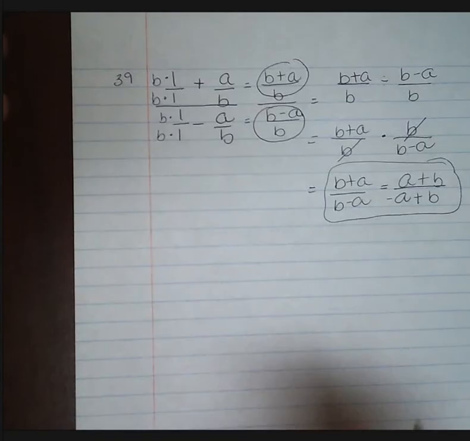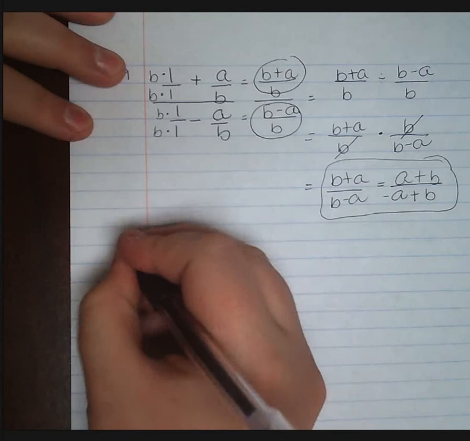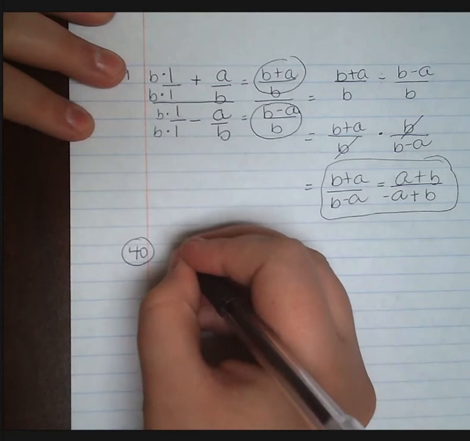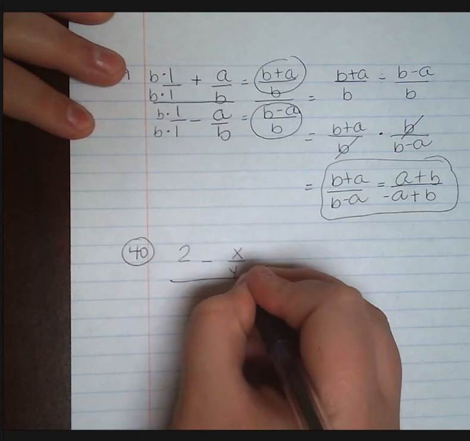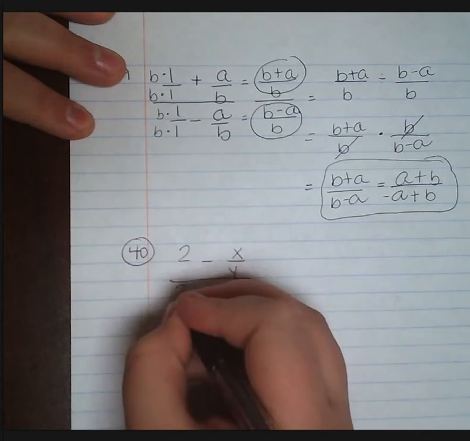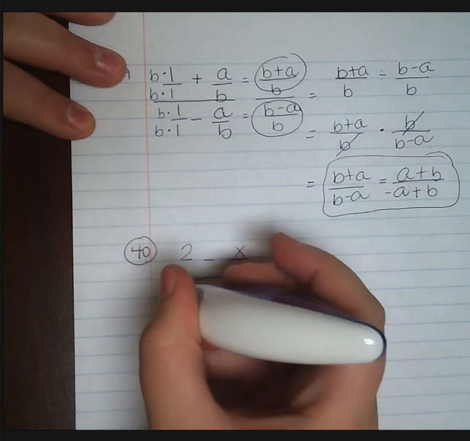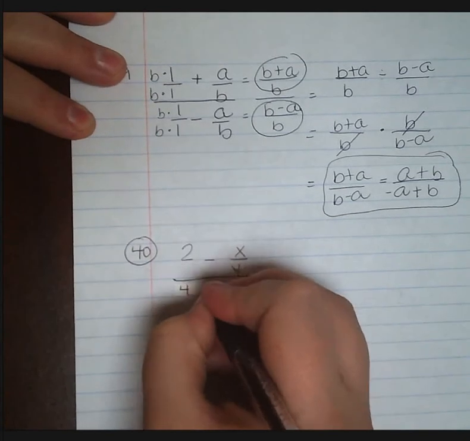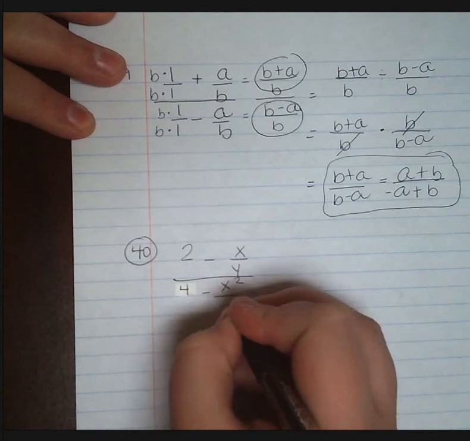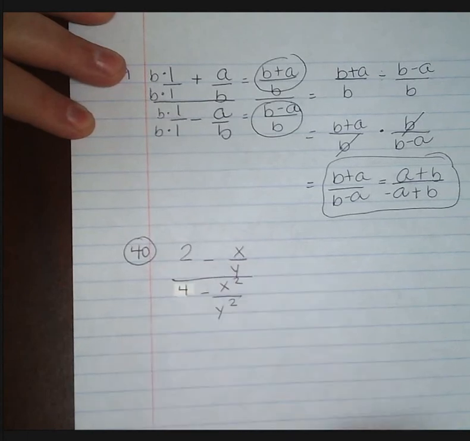And then we're going to work problem number 40, which has 2 minus x over y divided by 4 minus x squared over y squared.